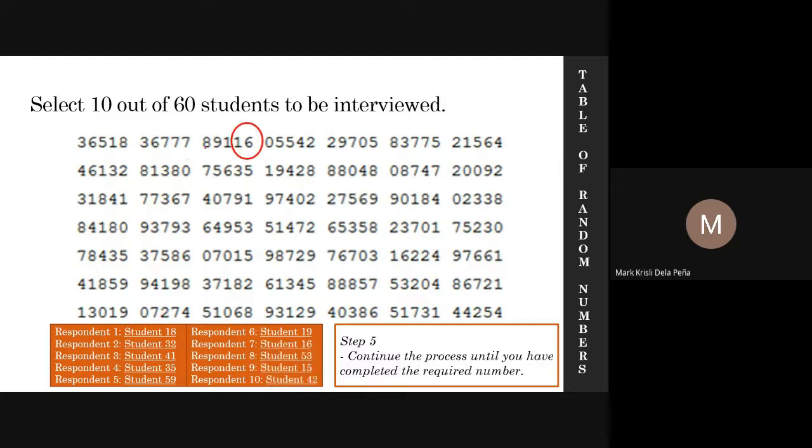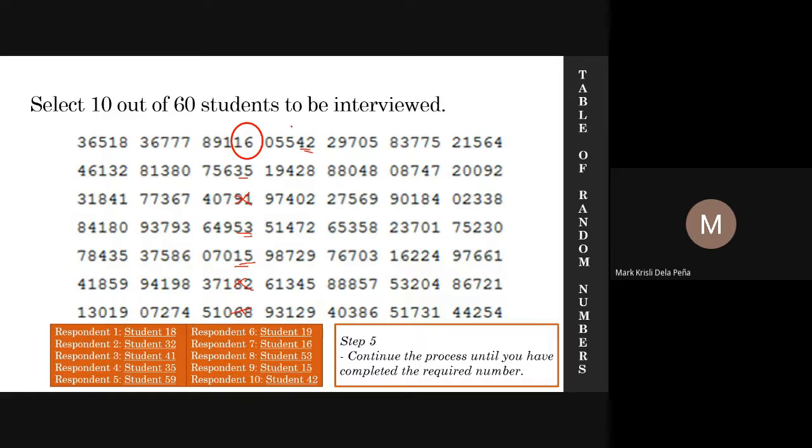Then we now have 16. Continuing the process, we have number 35. However, we already have number 35, so we will skip this. Then we have 91, so we will not include it. Then we have 53, and number 15. Then 82 will not be included, also 68, and number 42.